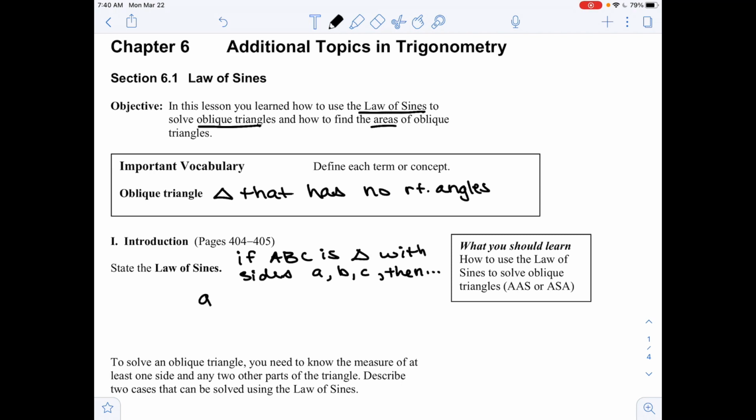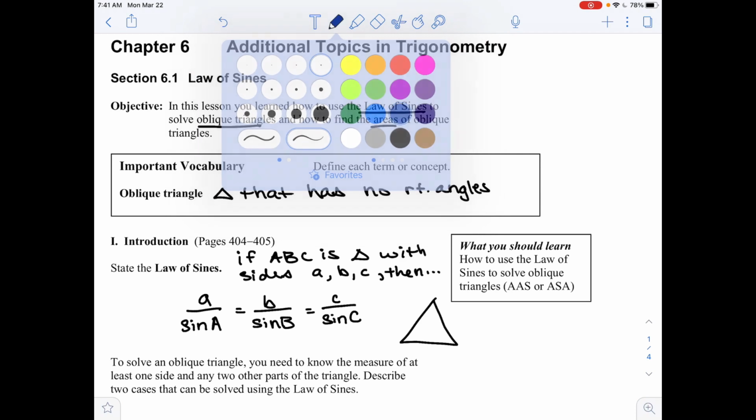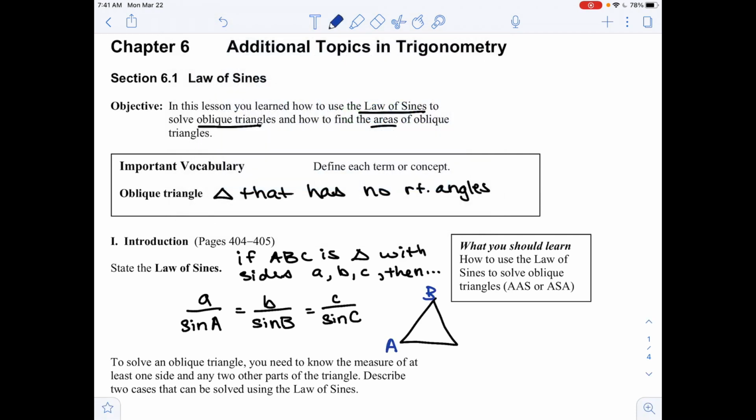Side a divided by sine of angle A equals side b over sine of angle B, which is also equal to side c over sine of angle C. So these are proportional. And remember, when we label these triangles, if we label these angles with capital letters, their opposite sides are lowercase. So angle A is opposite of side a, angle B is opposite of side b, angle C is opposite of side c.